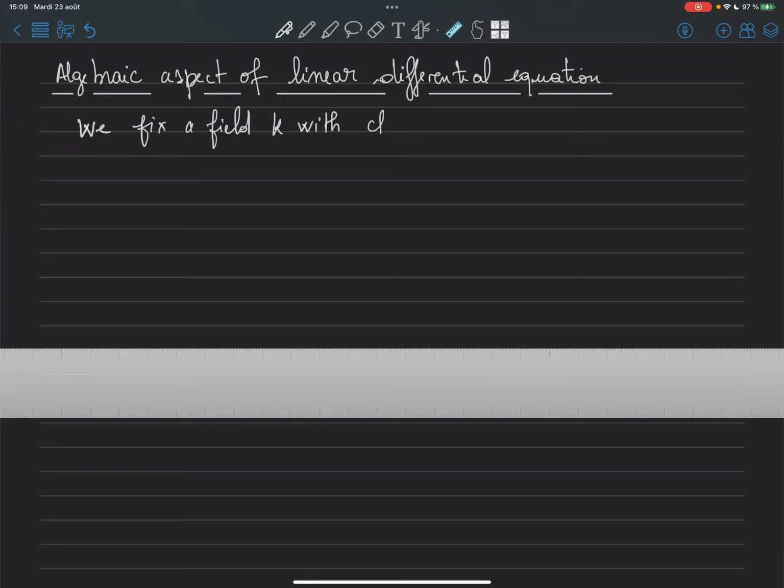Let A be a commutative algebra with unit.